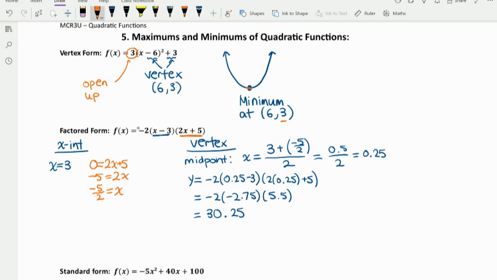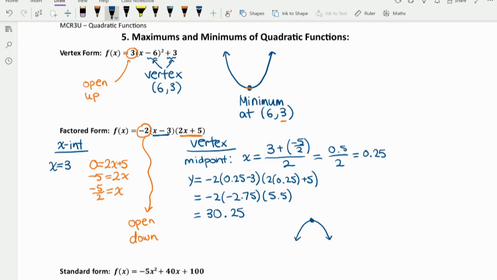So again, let's give it a sketch. I know my a value or the coefficient is negative, which makes it open down. So my graph would look something like this.